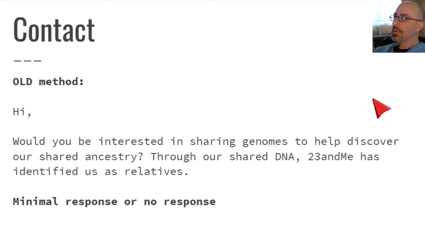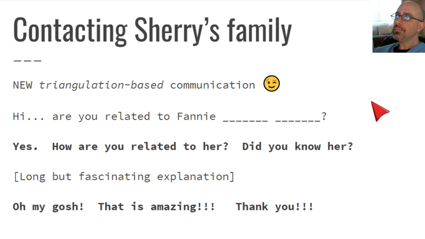It didn't really give people a reason to reply, but I had to start somewhere, and in the beginning I really didn't know much of anything about the shared connections. But at this point, being able to use triangulation to learn about what we share, what we have in common, and to put that into our communication really has improved response rate.